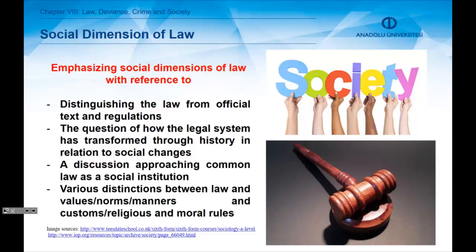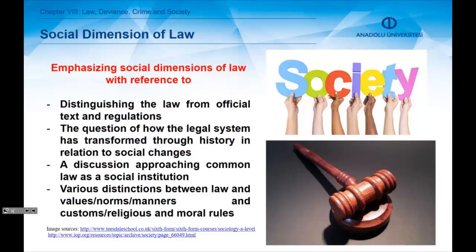Law here is considered as a social institution, not only as a legal institution, which means that it was born and developed in relation to various issues that are frequently discussed in the field of sociology, such as religion, morality, customs and conventions, traditions, norms, or values.